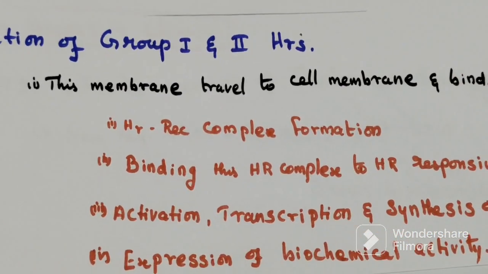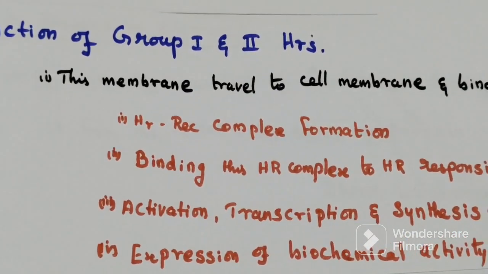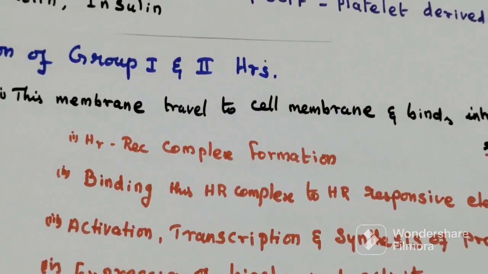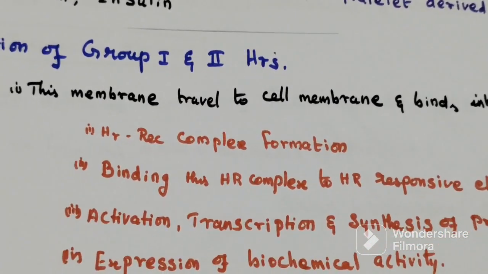First one is group 1 hormones. These hormones can travel through the cell membrane and bind to the intracellular receptor.